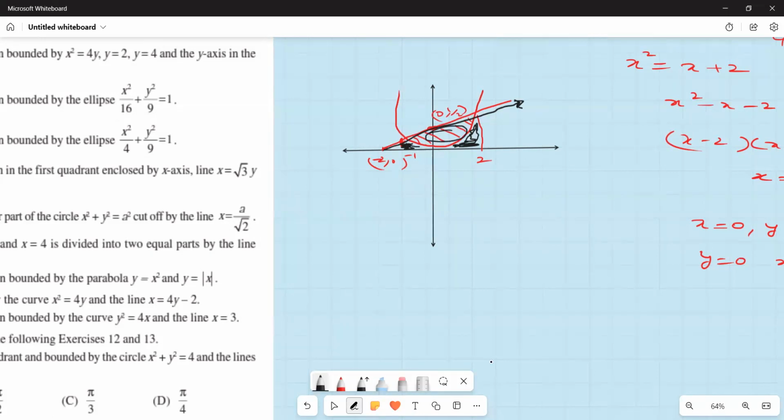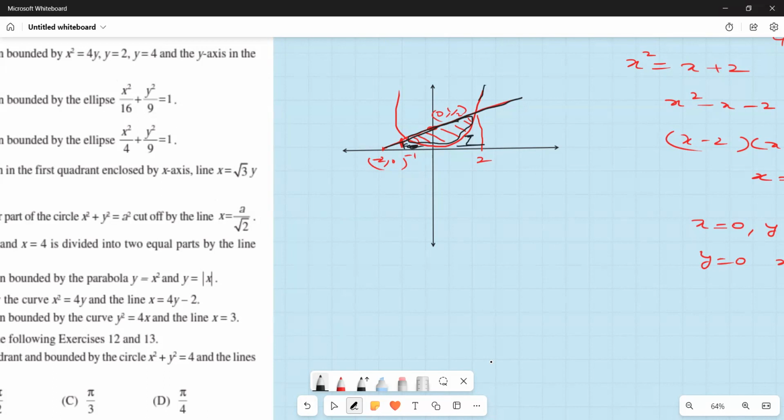Is it clear what I am saying? This much area we need to find, which is under the line, and if I subtract the area under this parabola, we will get this inside area.